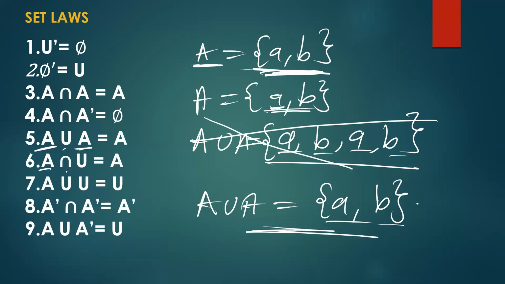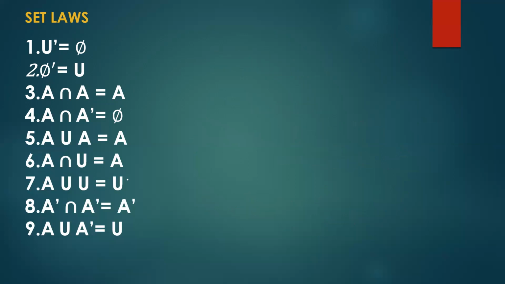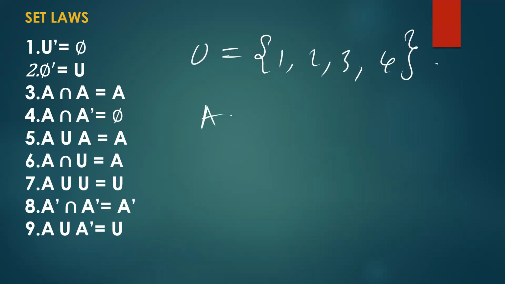What is A intersection universal set? So A intersection universal set is simply just A, because the universal set contains what? Contains all elements. So if this is the universal set, for instance, then you have A, which is having 2 and 3.